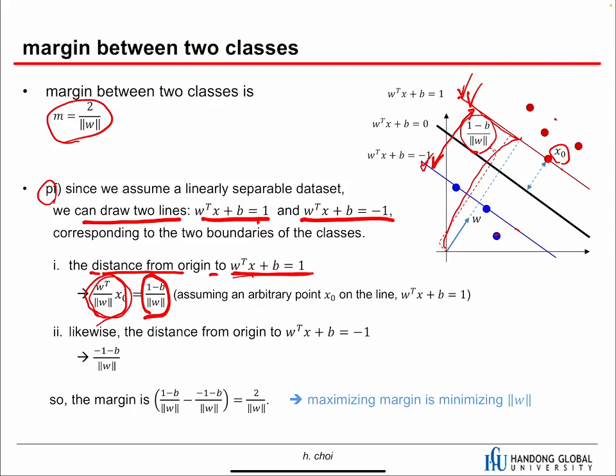And then likewise, the distance from the origin to this line is this one. And then the margin is this one minus this one. Okay, then 2 over the norm of w. So in this slide, you can see that maximizing the margin is actually minimizing the norm of w. Okay, so now we want to minimize w. That's what we want.